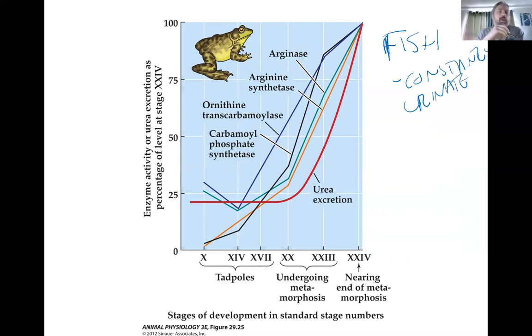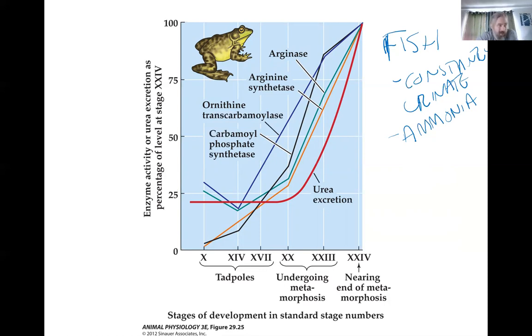Because they constantly urinate, they can leave their nitrogenous waste as ammonia, right? And they can get away with this because they live in an aquatic environment, a freshwater environment, right? And they are, as a result, constantly being inundated with water. They have more water than they know what to do with, right?